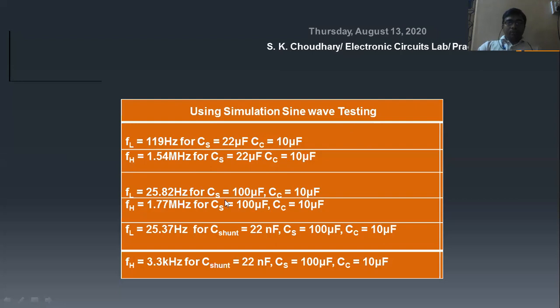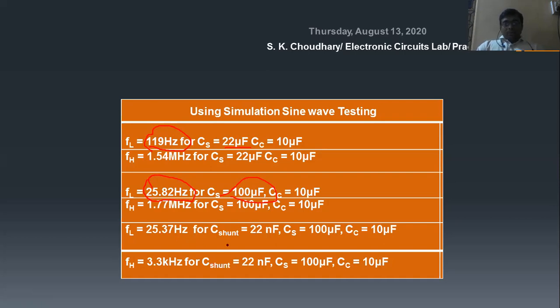But when we change the bypass capacitor value from 22 microfarad to 100 microfarad, you can see the change in FL. It is a large change in FL because we know that the bypass capacitor affects the FL only, but the FH is nearly the same in megahertz.